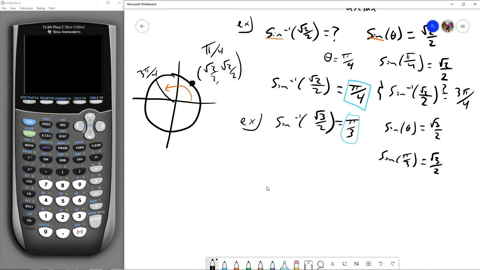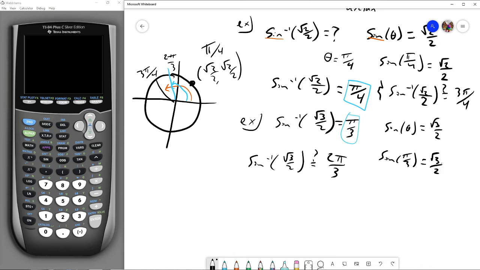And we can ask a similar question about the pi over 3. If I imagine drawing an arc here, for that arc we know that the y-coordinate would also be root 3 over 2. So we have arcsine of root 3 over 2. Does that equal also 2 pi over 3?